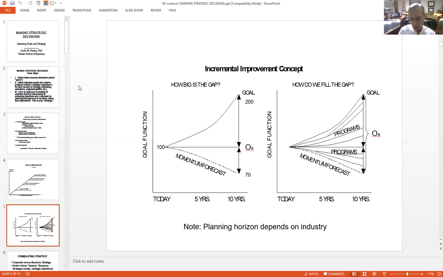Now, please understand the note at the bottom of this exhibit. The planning horizon, that is the period of time over which we set strategic objectives and form strategy, will differ depending on the industry. In some industries, 10 years is quite common for a planning horizon.